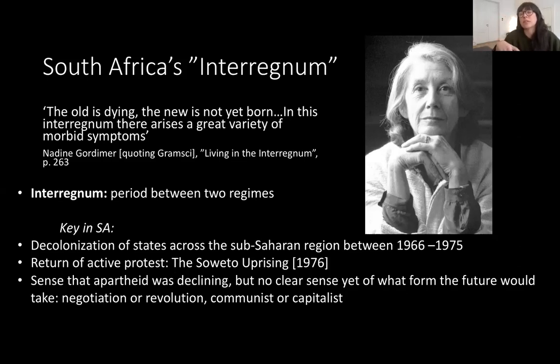So the resistance movements in South Africa had been banned since around 1960, when the ANC was banned. And so active protest had been suppressed also by a whole series of laws banning public gatherings and so on.